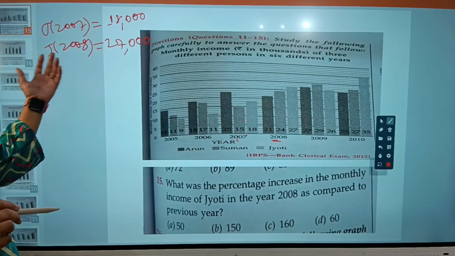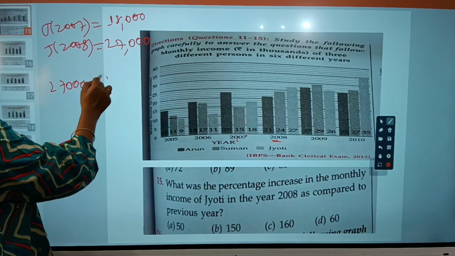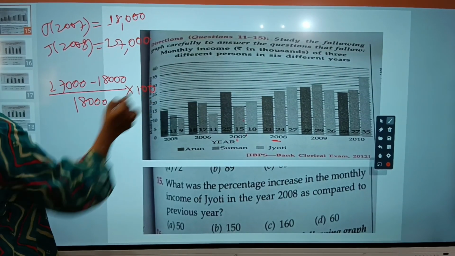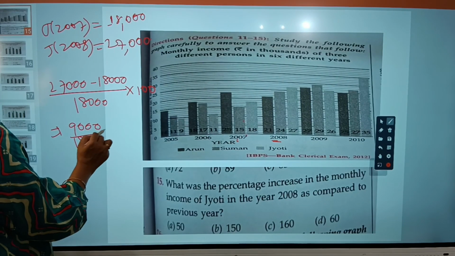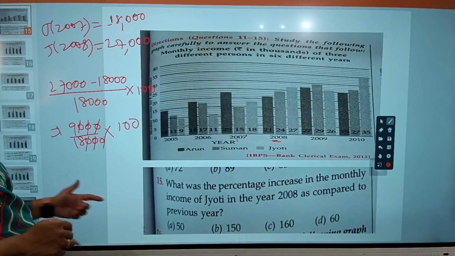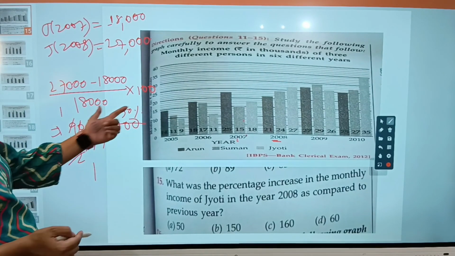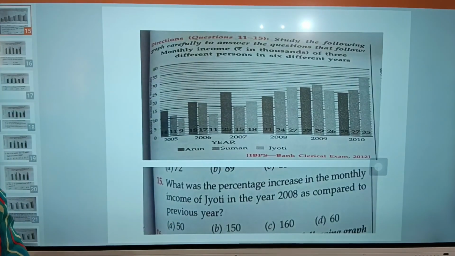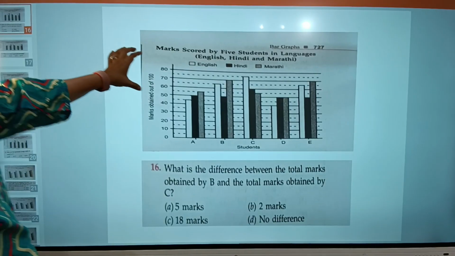Now we have to use the increase and decrease formula of percentage. 27,000 minus 18,000 by 18,000 into 100. So 9,000 by 18,000 into 100. All zeros cut down above and below. 9 ones are 9, 9 twos are 18, so 1 by 2 into 100 is 50. So her income is increased by 50%.